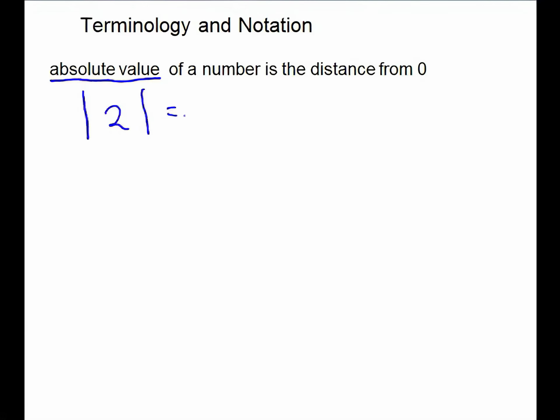And you could answer, if you looked at the number line, 2 spaces. We can also do absolute value of a negative number. This is asking how far is -2 away from 0. It still just wants to know distance, not direction. And this one is also 2 spaces. So the long straight marks mean absolute value. They have a special meaning.